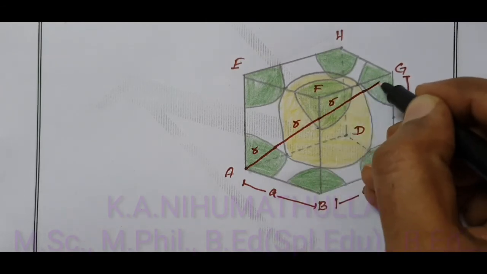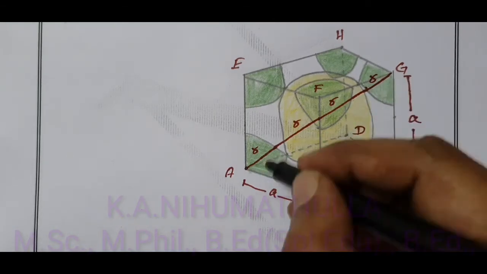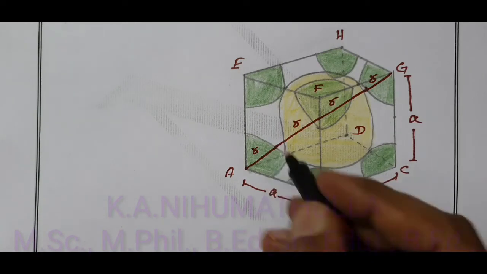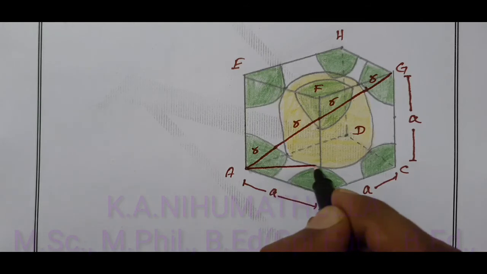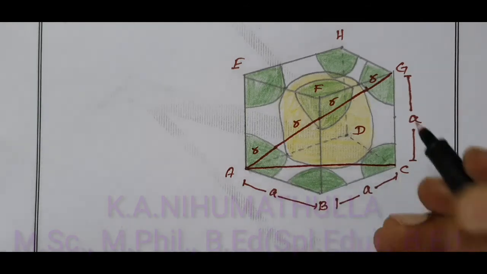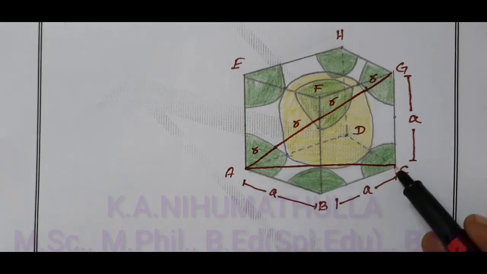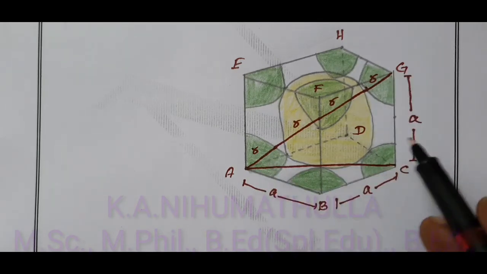Then the third semisphere, starting from this up to this, radius r, so in total 4r. And to form a triangle, again a diagonal AC is joined. Now triangle ACG forms a triangle. First we have to apply the Pythagoras theorem.